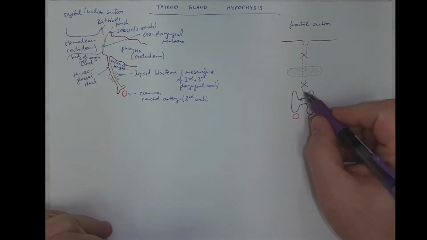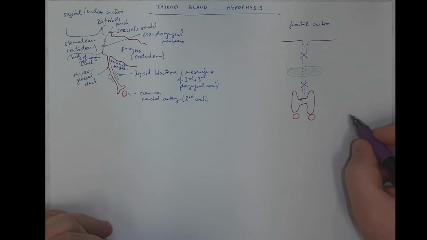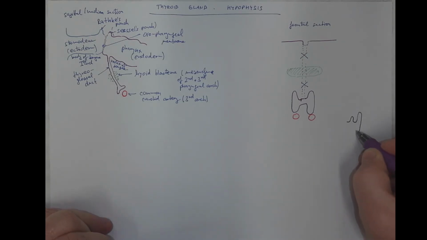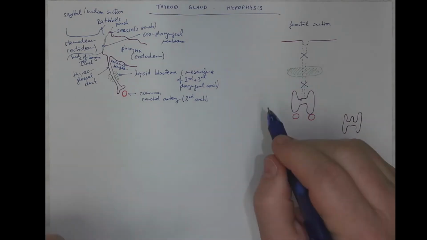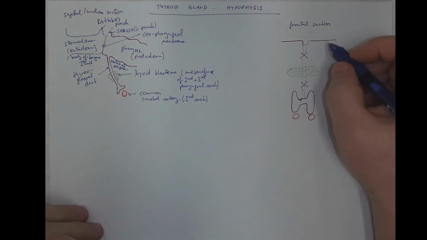Sometimes this part can persist. It results in an anatomical variety of the so-called pyramidal lobe, which is like an accessory lobe of the thyroid gland. So this will be the foramen cecum.